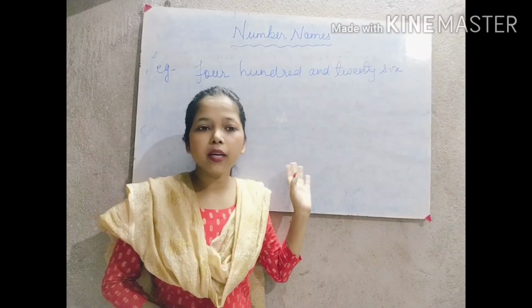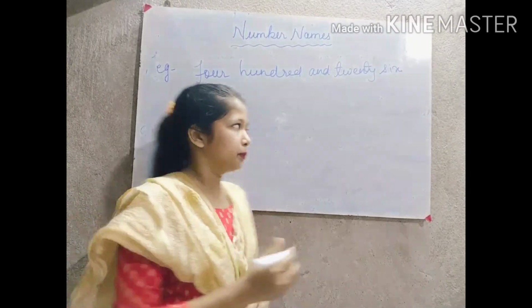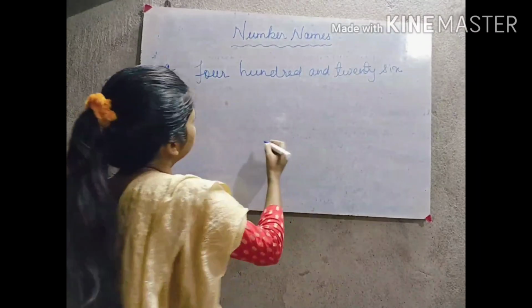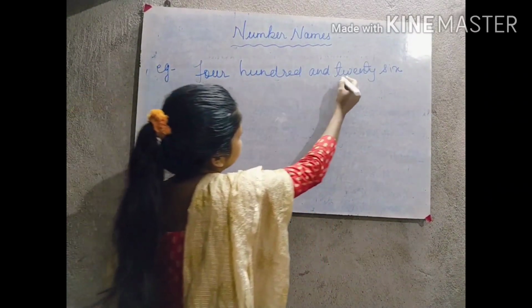See the first example. Here children, the trick is first write down its places: hundreds, tens and ones.